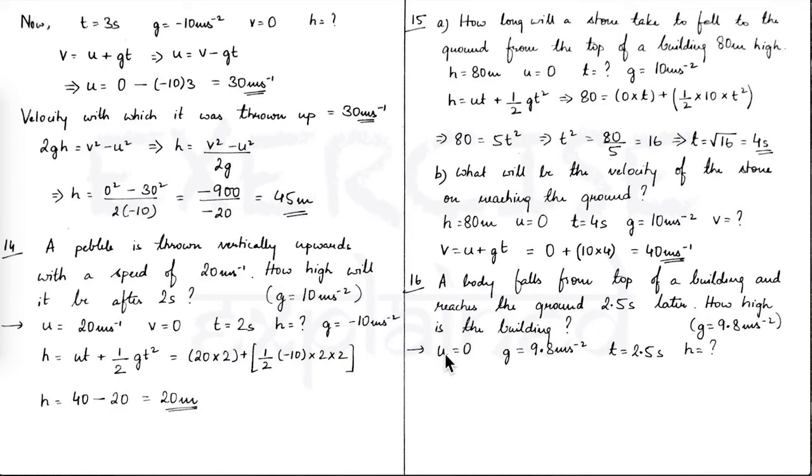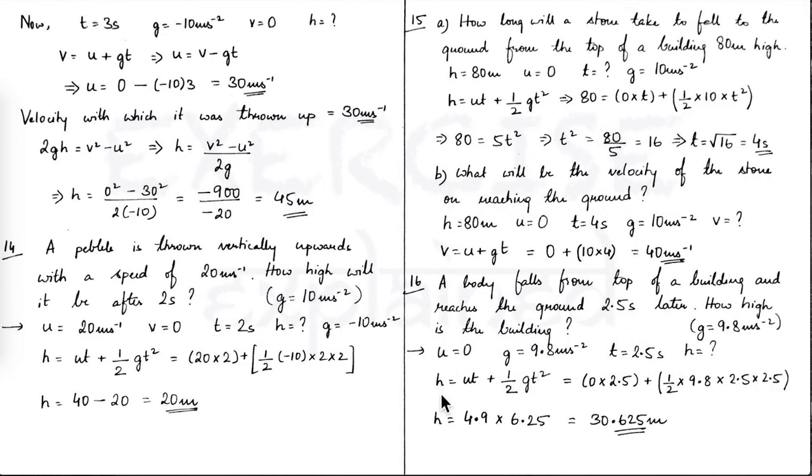So I write down the given data, that is u is equal to 0, g is equal to 9.8 meter per second square, t is equal to 2.5 seconds, h is question mark. So I use h is equal to ut plus half gt square. So u is 0 into t is 2.5 plus half into 9.8, that is the value of g, into 2.5 into 2.5.